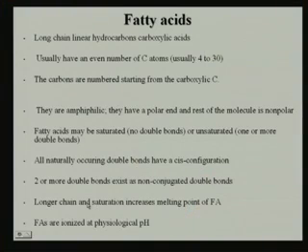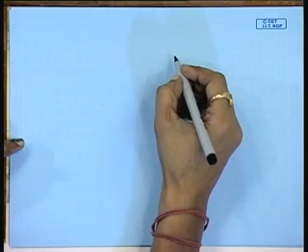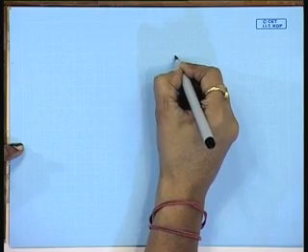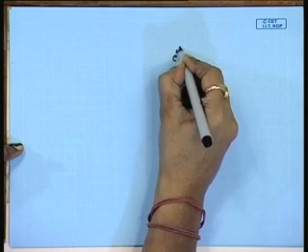Now, let us come one by one. When we are talking about fatty acid, it is a long chain linear hydrocarbon having a carboxylic acid end.